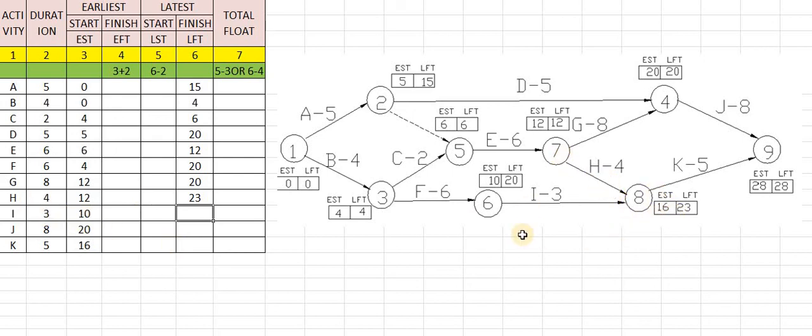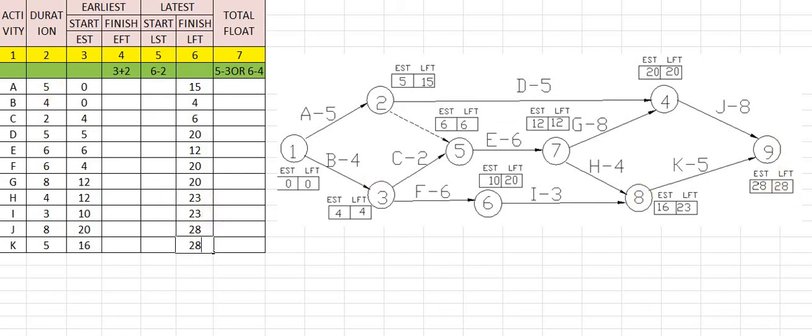I is also 6 to 8. So the LFT for 8 is 23. J is connected with 4 to 9, so the LFT of the 9th node is 28. What is K? K is connected with 8 to 9. So 9 is the next node, which has an LFT of 28.